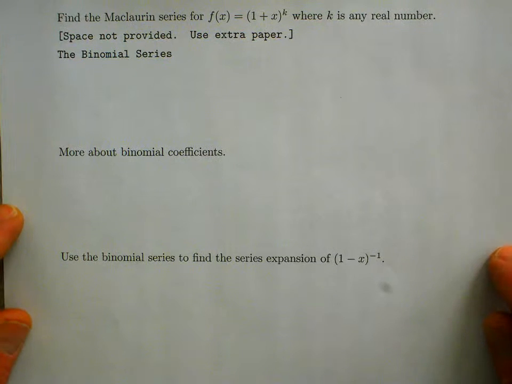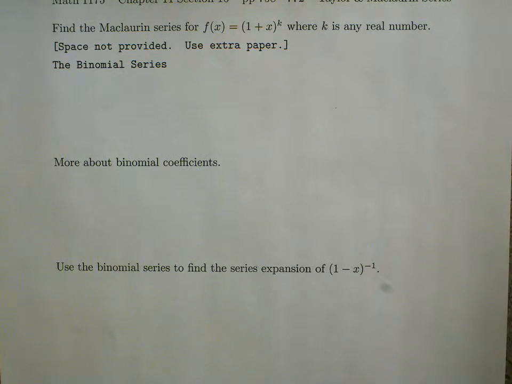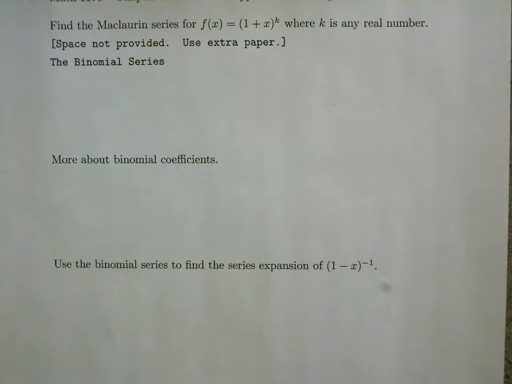Okay, find the Maclaurin series for f of x equals the binomial 1 plus x to the k, where k is any real number. So this will take a little bit of writing.